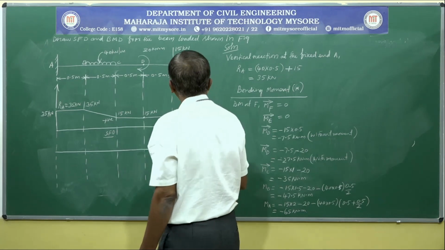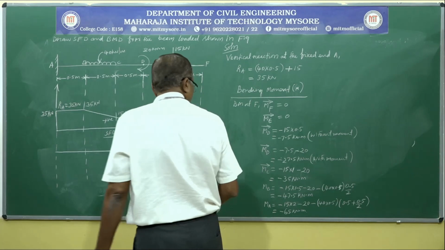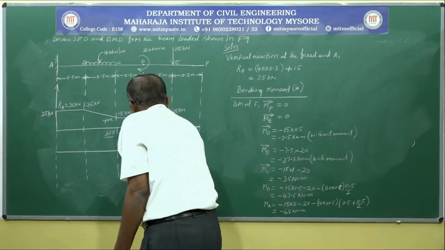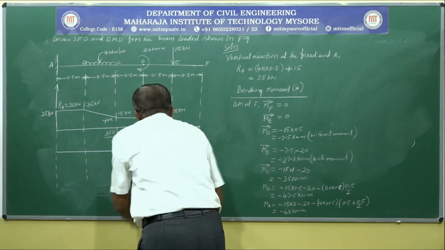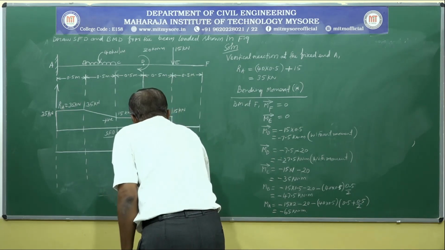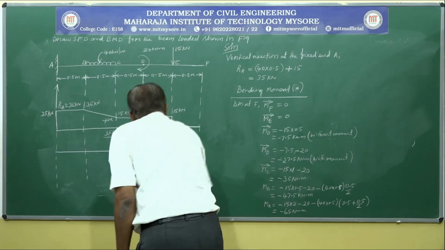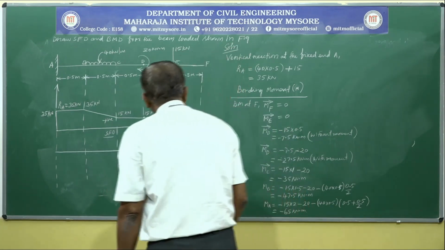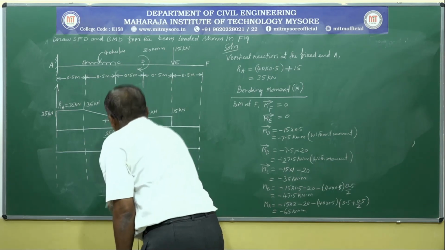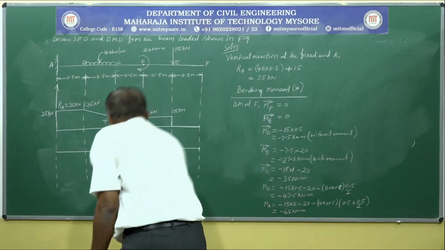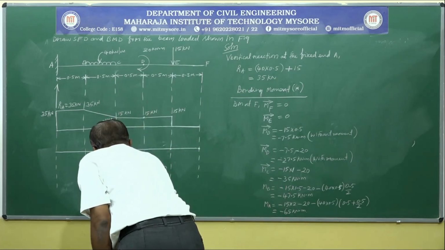Bending moment at point F is 0, at E is also 0, at D it is minus 7.5 kilonewton meter, and minus 27.5 kilonewton meter. At C it is minus 35 kilonewton meter.